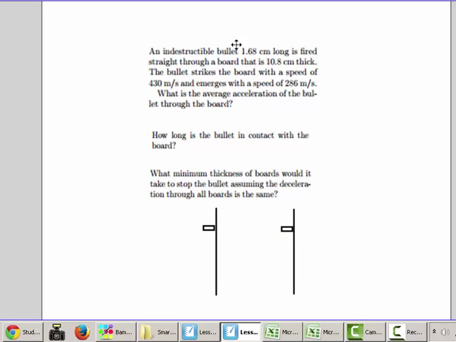Alright, so now the bullet is 1.68, so from here to here, we'll do that in meters, it's going to be 0.0168 meters. We know the distance between the board itself is going to be 0.108 meters. It says, what's the average acceleration?